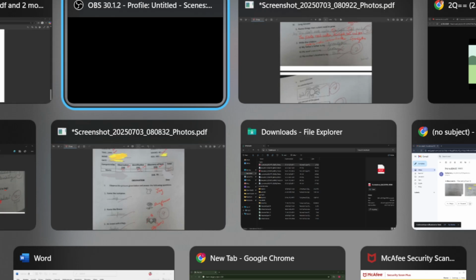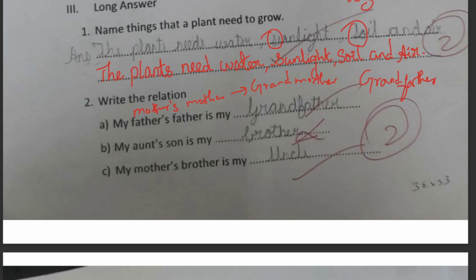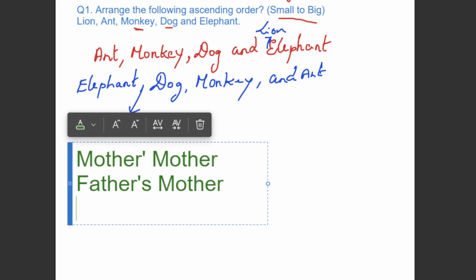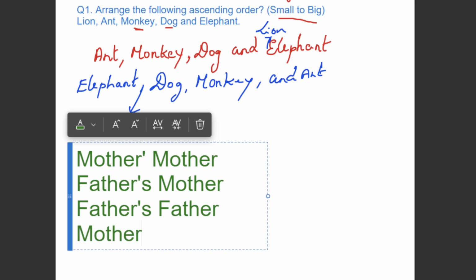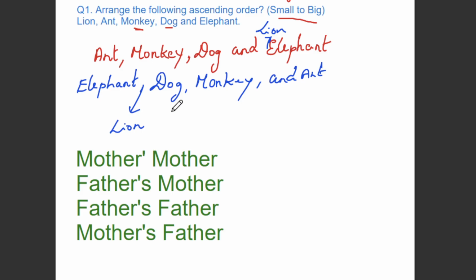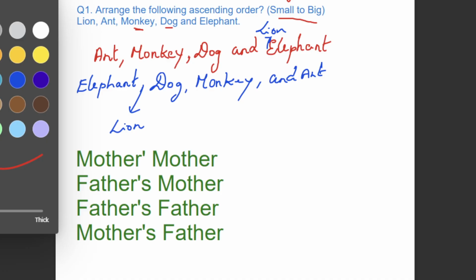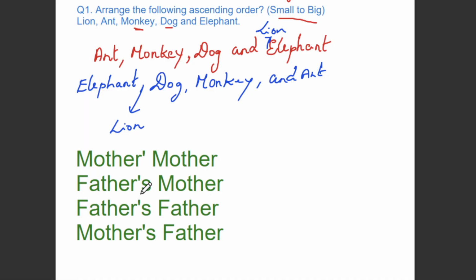What else did they ask? Next, father's father, mother's father. If you see this, we have mother's mother and father's mother. Both are grandparents, so here it comes to grandmother.